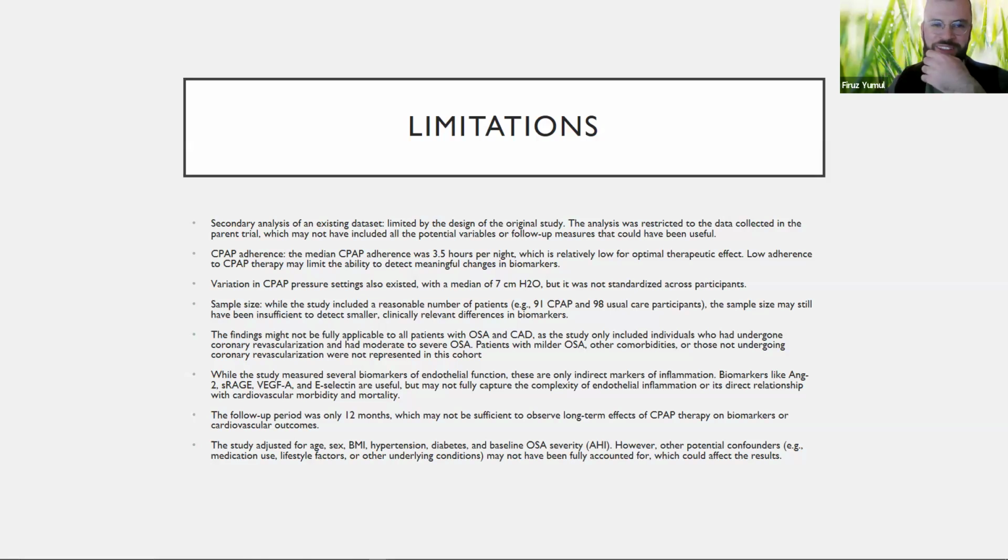That's what the article was trying to stress from my point of view. I don't know if it's going to change the way I practice, but it's something I'm keeping in the back of my head when I'm increasing patients' pressures, especially if they have a history of coronary revascularization after CAD.